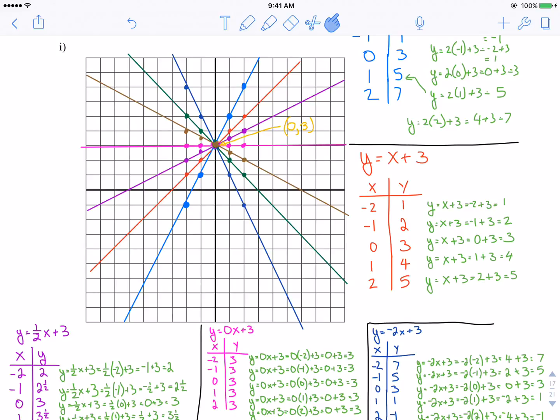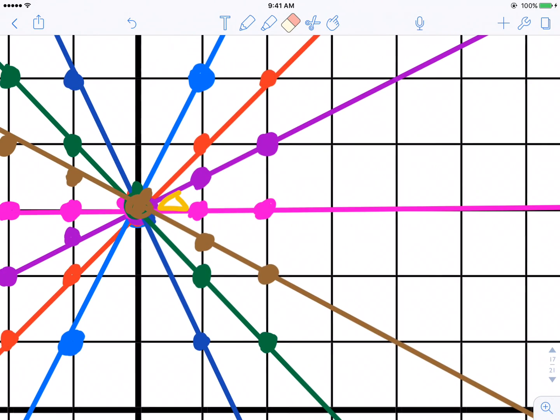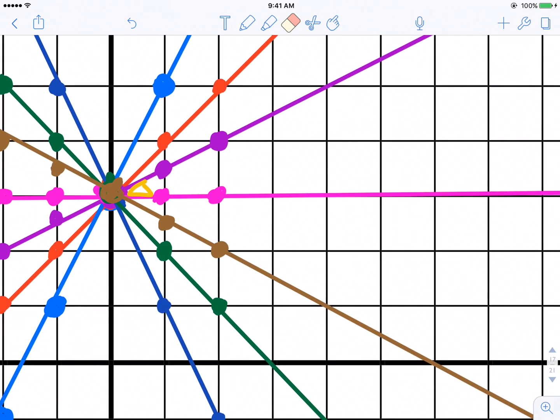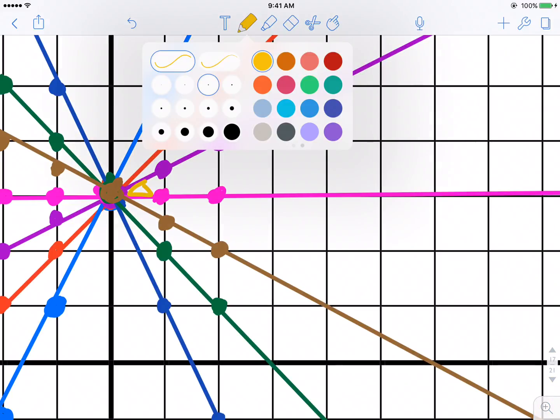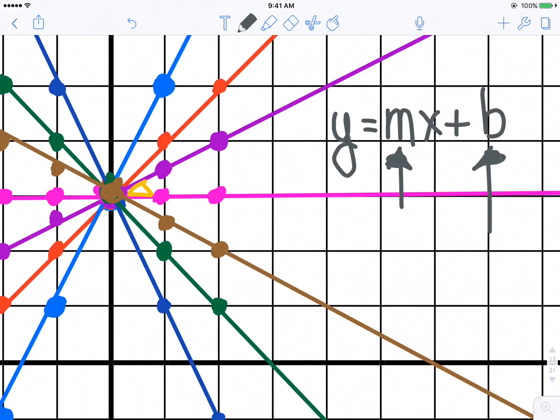recognize, and you should now be able to recognize, that if you are given an equation, y equals mx plus b. I say m because I know this is slope. And I'm calling this b because we actually call this the y-intercept, b.